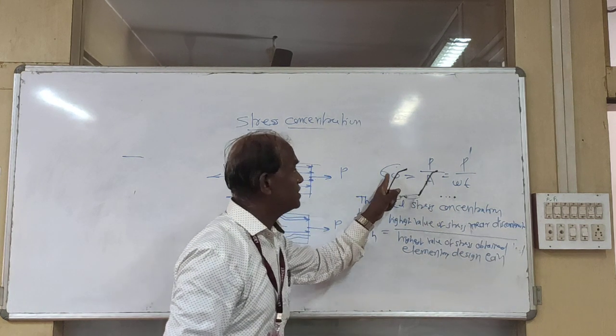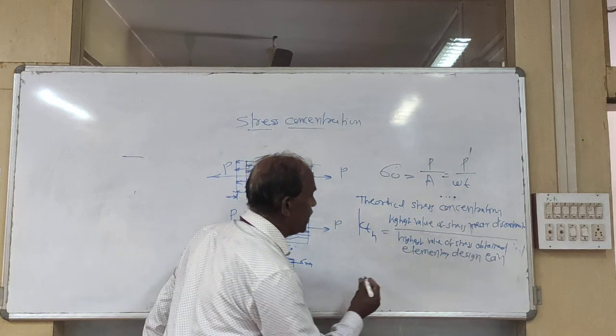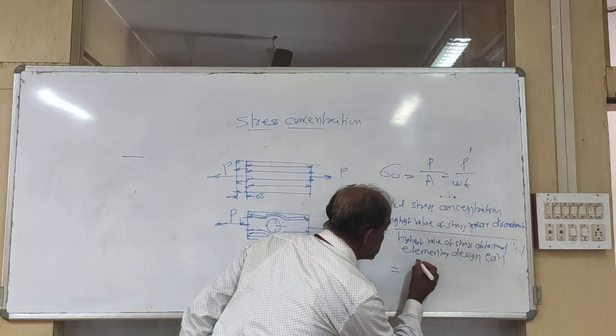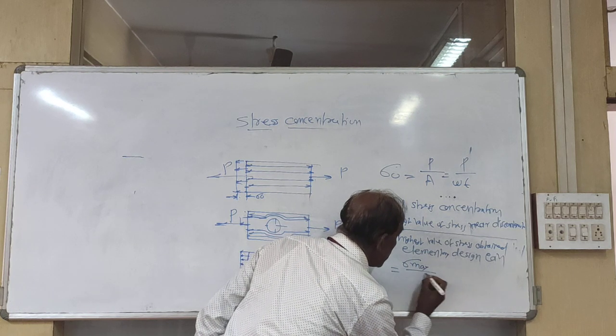So this is the limit design equation. This we call the maximum stress, sigma max. So this is sigma max by sigma naught.